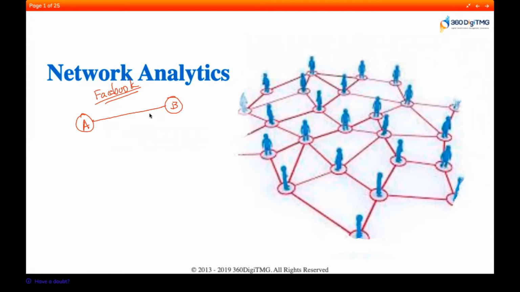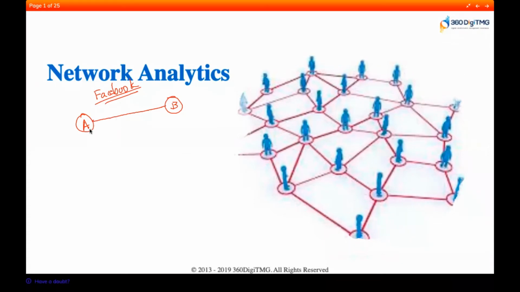Okay, let's assume that A and B are known to each other. However, they are not friends on Facebook, so there is no relationship between A and B on Facebook. How do you derive this? Okay, there is a certain action that has to be taken.